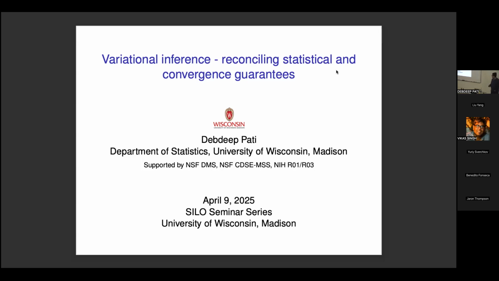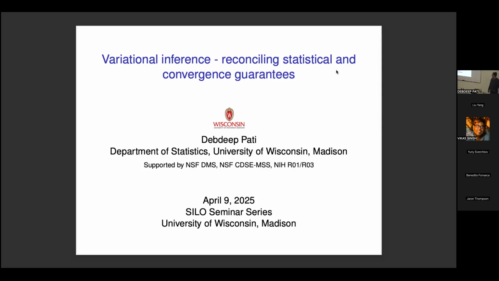The talk today will be primarily based on some of our recent understanding of variational inference, which has become an increasingly popular scalable alternative to Markov chain Monte Carlo for fitting complex Bayesian models. So despite the empirical success, there has been somewhat of a limited understanding of how the method performs theoretically, and that's going to be the main focus of the talk today.